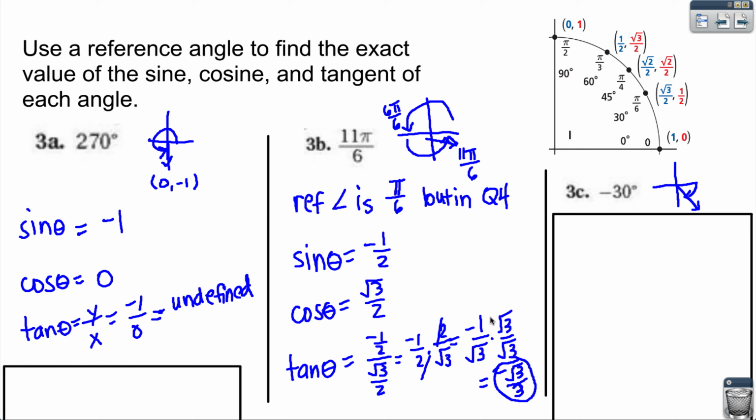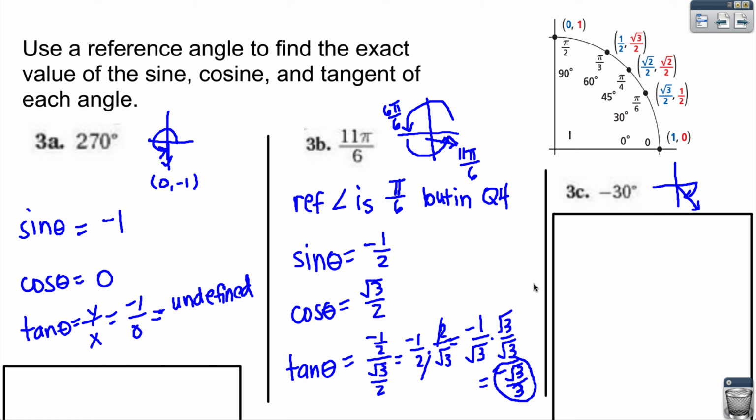We had to do this special procedure, rationalizing, in order to simplify the expression. And so really your final tangent measurement for 11 pi over 6 must be -√3/3. Okay? All right, so please avoid decimals. You don't want to see decimals right now. You want to just continue making sure you're simplifying the fractions that we have.